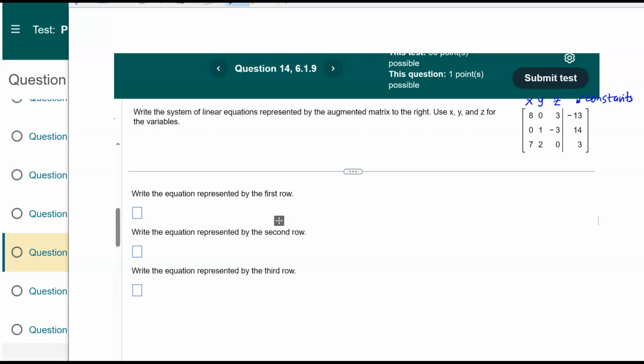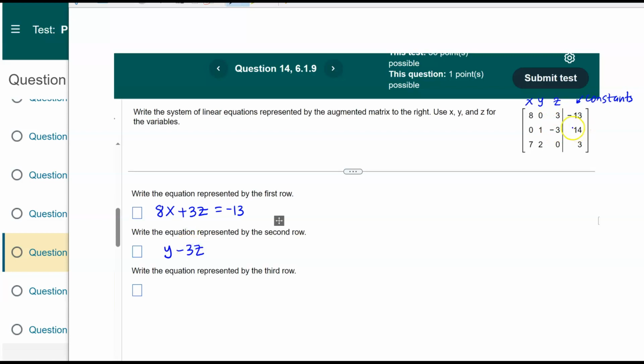So when you write the equation, you just say 8x, 0y, no need to write that, and then 3z, so plus 3z equal to -13. For the next one, you have 0x, you don't need to write that, so you have 1y, so you have y, minus negative, so minus 3z.